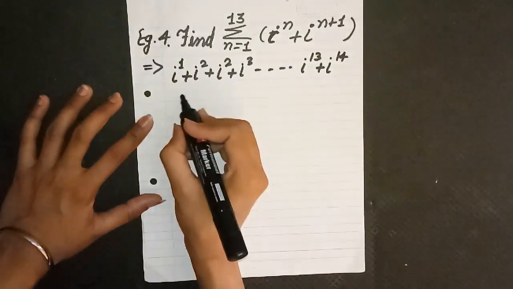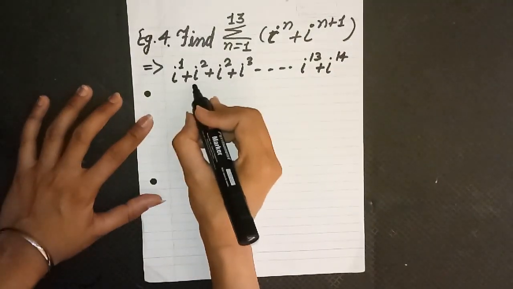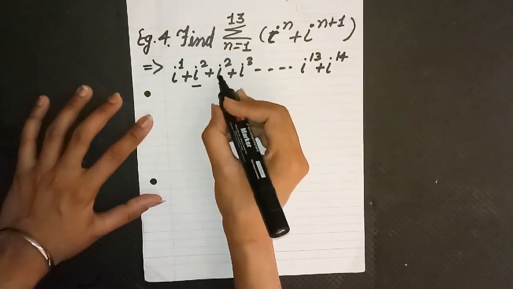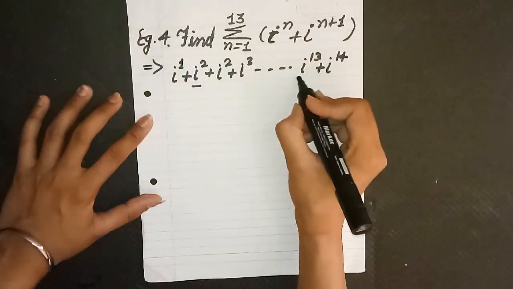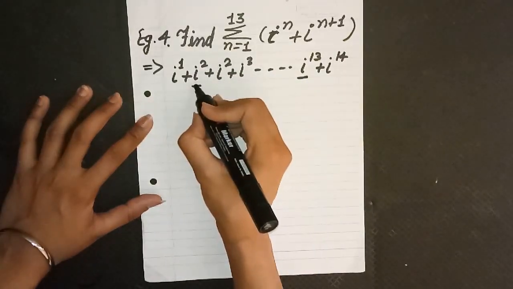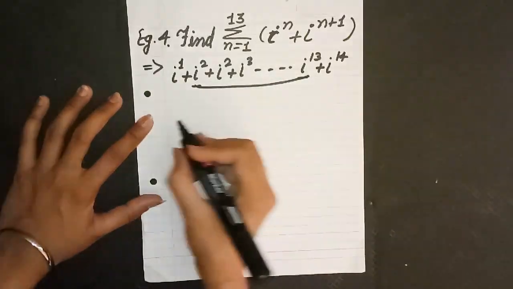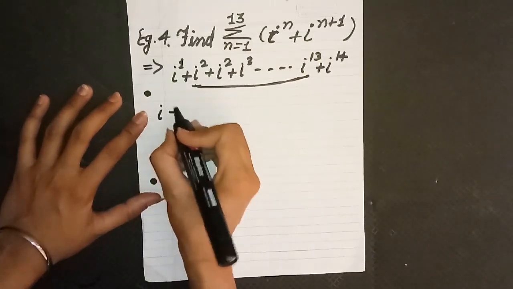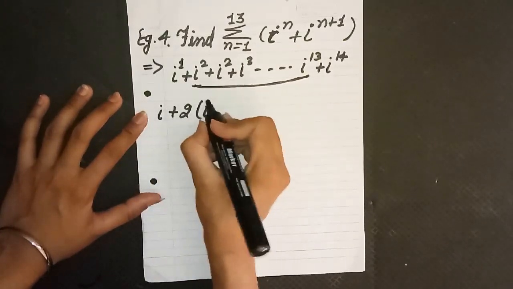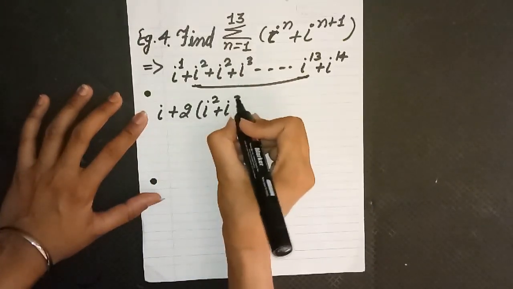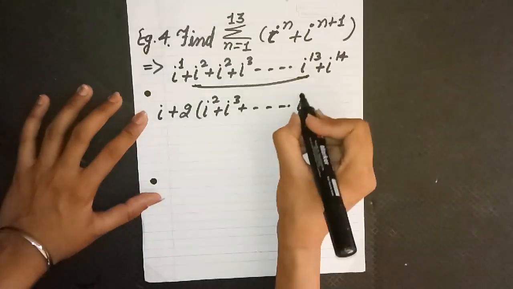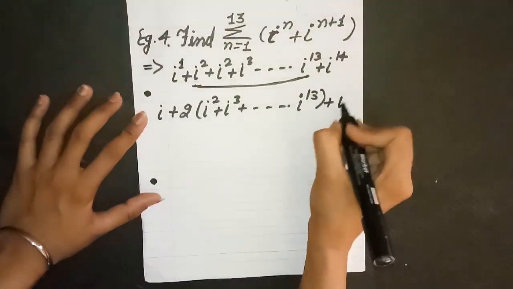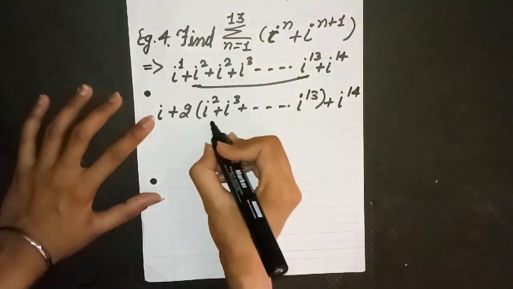Now from iota's power 2 to 13, these terms are coming 2 times. Got it? Now these are repeating, so we will write iota raised to power 1, that is iota, plus 2 times iota square plus iota cube plus up to iota raised to power 13, and iota raised to power 14.